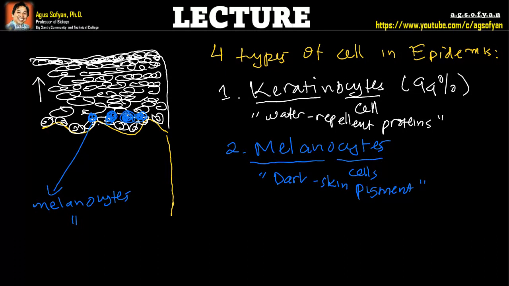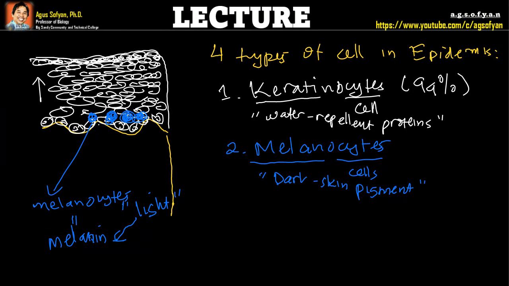And melanin production will be stimulated by light. Okay, so light stimulates the melanin production. This is the reason why people that live in the tropical area have darker skin, because they live in areas that have a lot of light or sunlight.